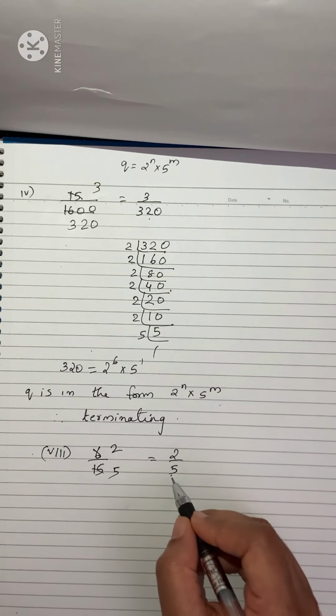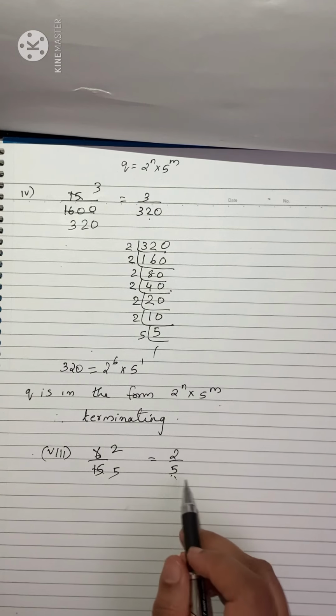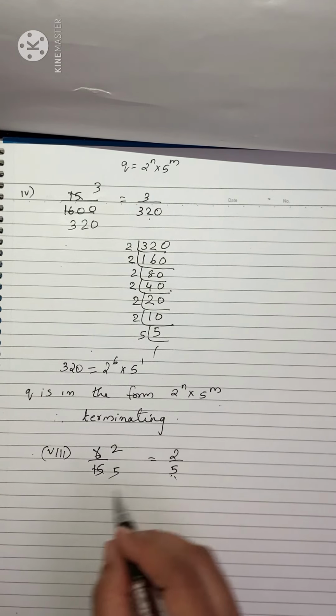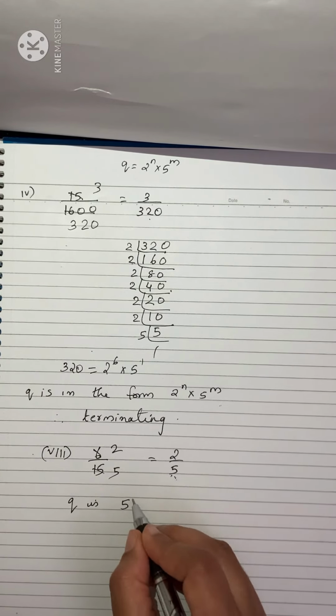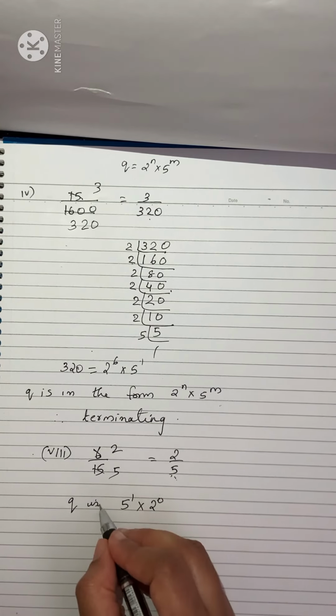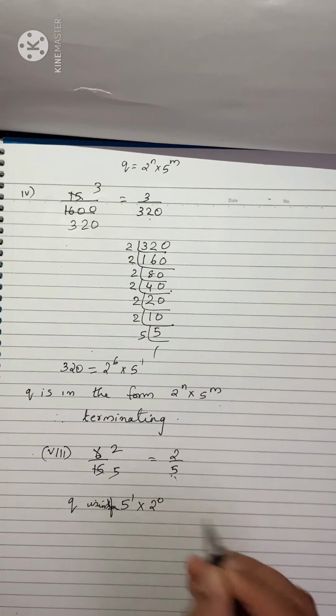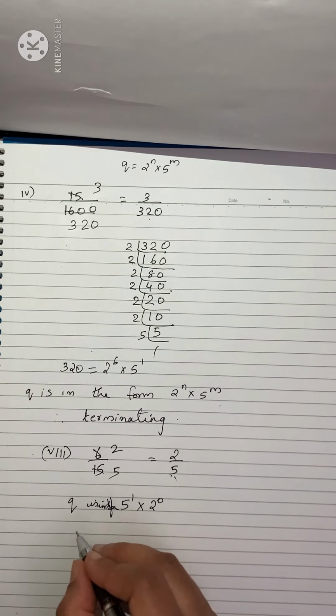Now, the denominator q is 5 and there are no factors, only 1 and 5. Therefore, q is in the form 5 raised to 1 into 2 raised to 0. Therefore, this is terminating.